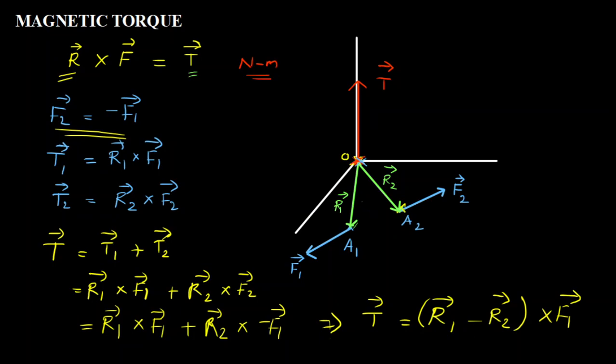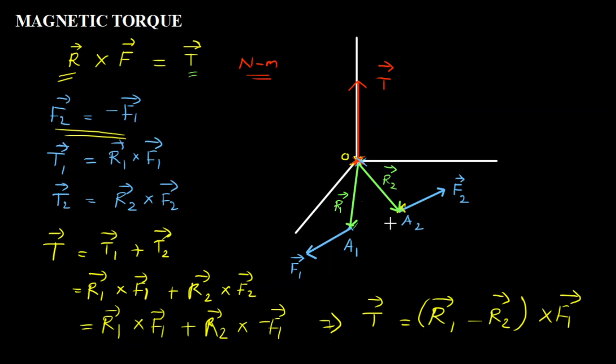This is nice. So I can calculate the total torque, if there are 2 points, like R1 minus R2 cross F1. Now what is this R1 minus R2? A basic rule of vectors, right? R1 is the distance from this to here, R2 is the distance, means R1 is the moment arm of the first force, R2 is the moment arm of the second force.